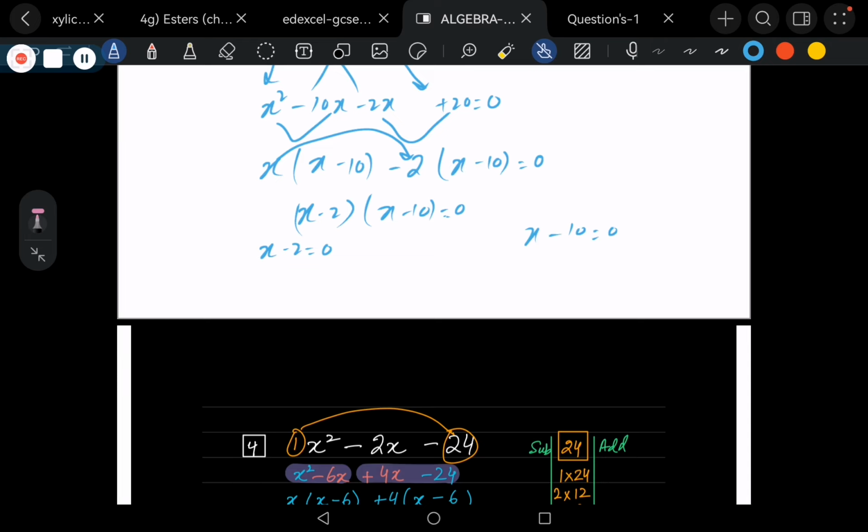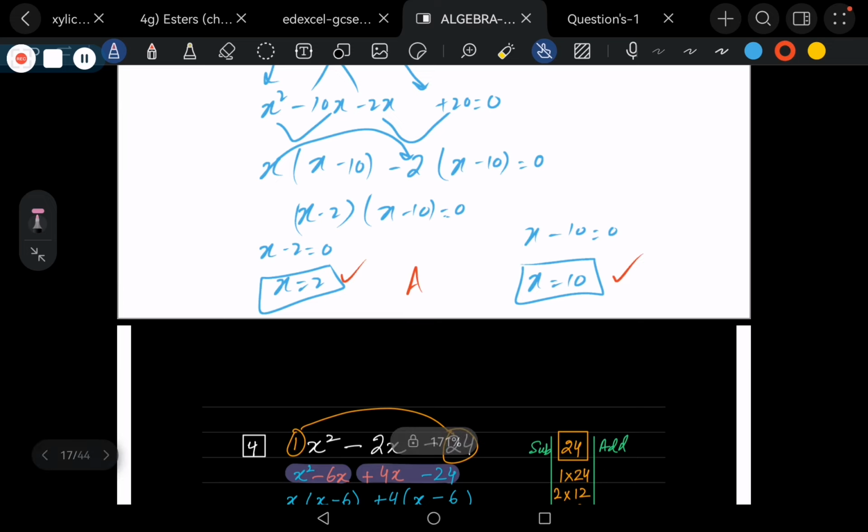That x minus 2 equals 0 will give me x equals 2, because this 2 is negative here. Whenever it moves to the other side, it will be converted to positive. Same thing, x minus 10 equals 0 will give me x equals 10. Now I got two answers for the solution, x equals 2 and x equals 10. These are the solutions for x.